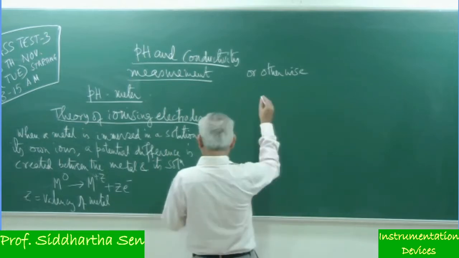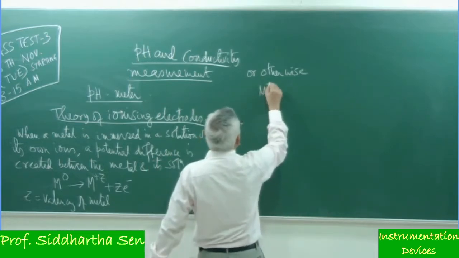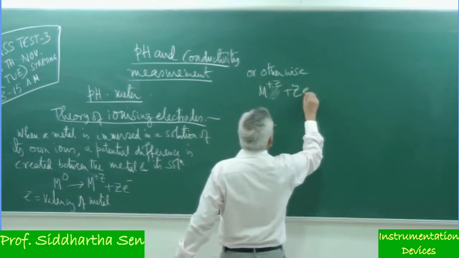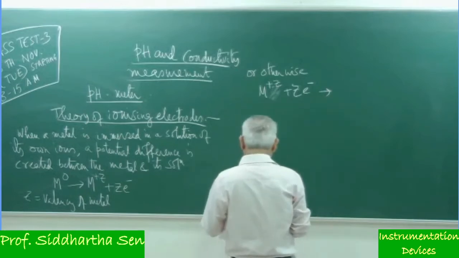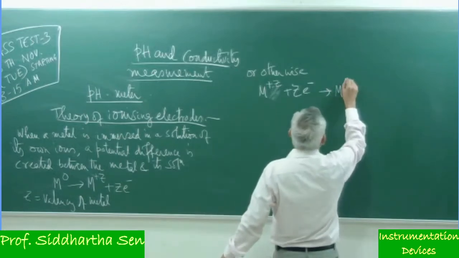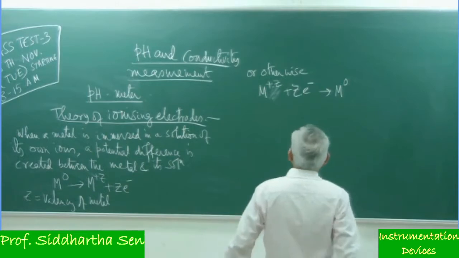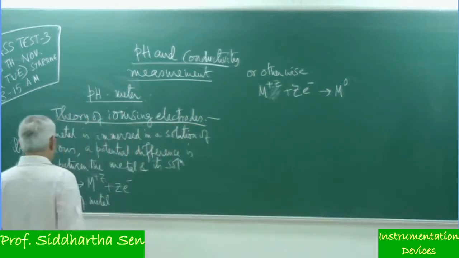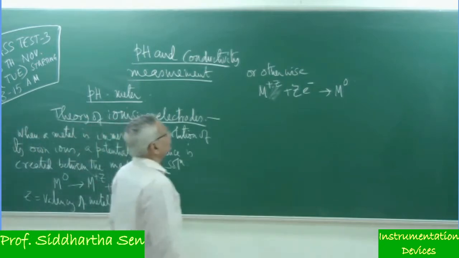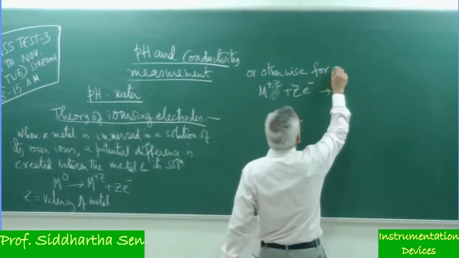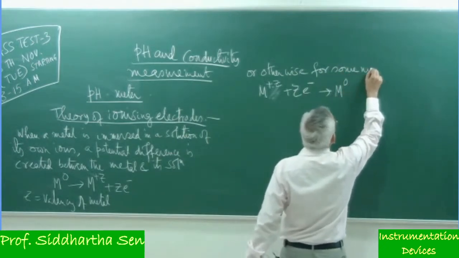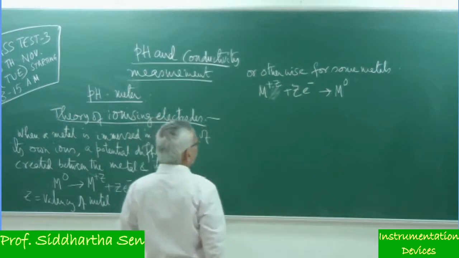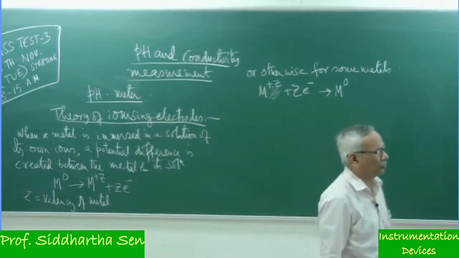Or otherwise, we can say that M to the power Z plus, and Ze minus act together and become neutral. So either it is like this for some metals, or the equation is the opposite.